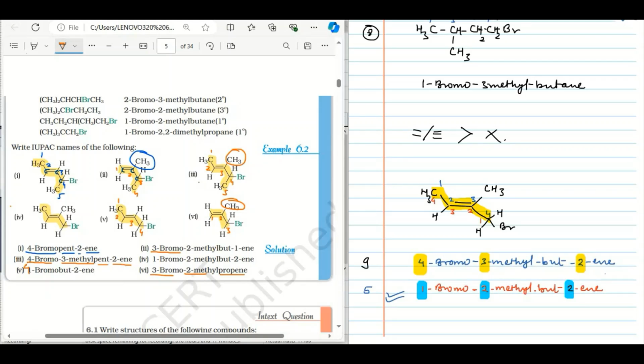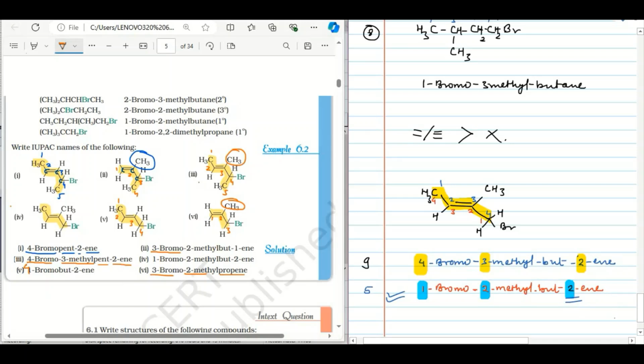When your functional group gets the same number, as we have discussed in the fourth example, where the double bond gets the second number both ways: when you number the chain, first of all you have to make sure that the functional group gets the lowest possible number. If there are two ways to number a chain, you have to check whether the functional group gets the lowest possible number in both ways or not.